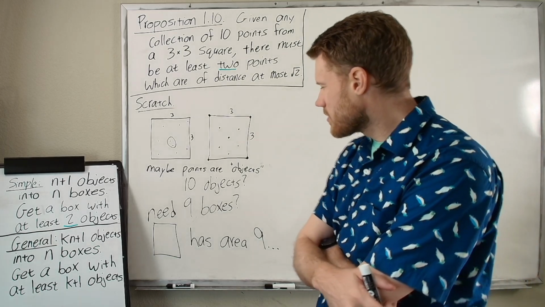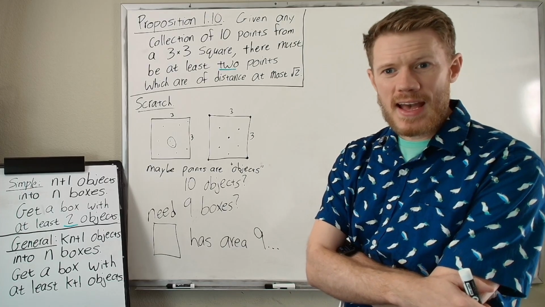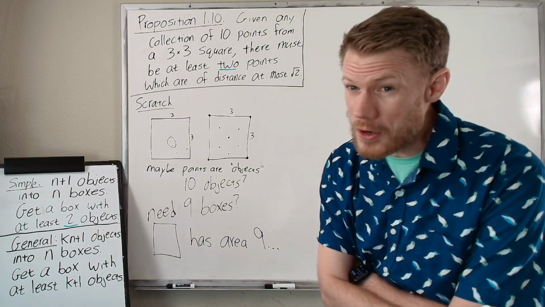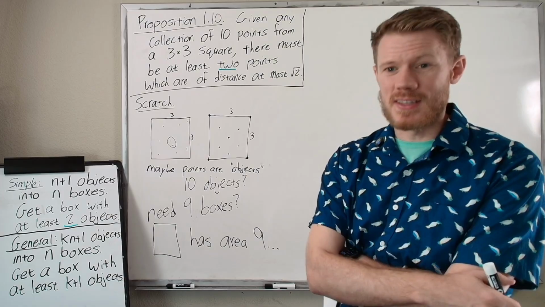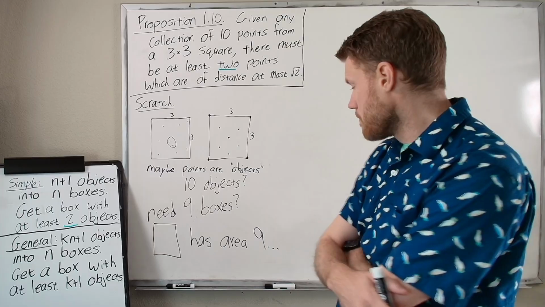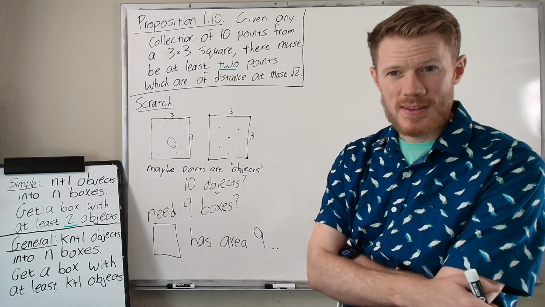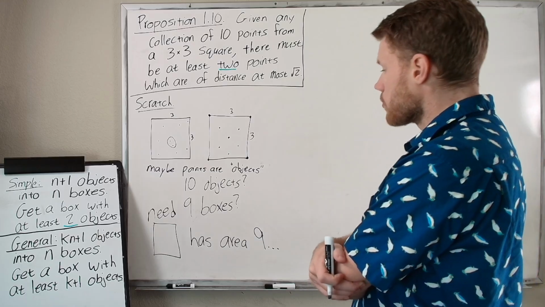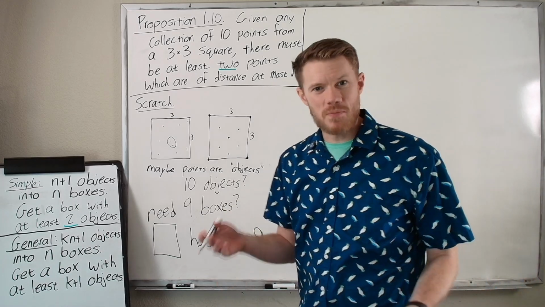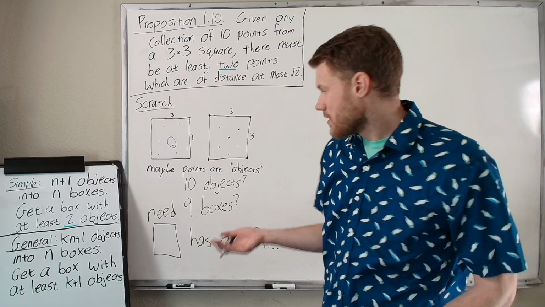Somehow, if we take this square and chop up its area into 9 parts, then each of those pieces will have area 1, and each of those 9 parts could be our 9 boxes. Does that make sense? So that's one approach: we start with this square and chop it up into 9 pieces. Those are our 9 boxes. Then we have 9 of something. So this is at least an idea.